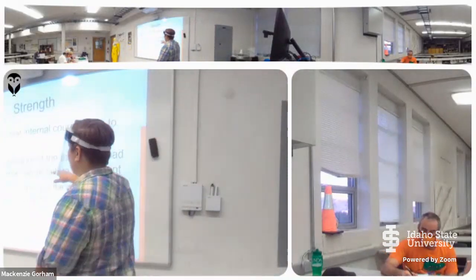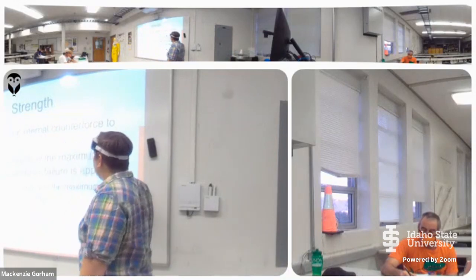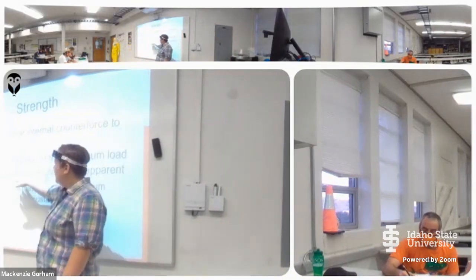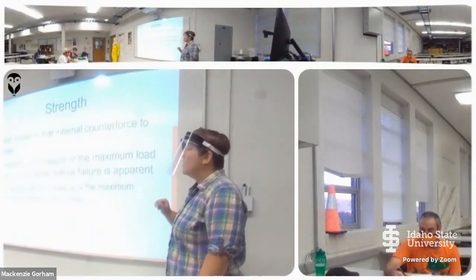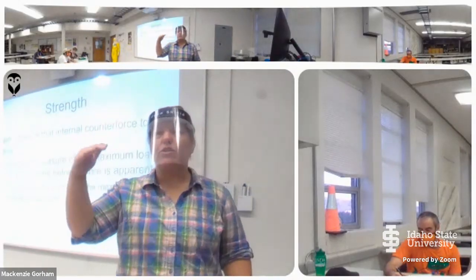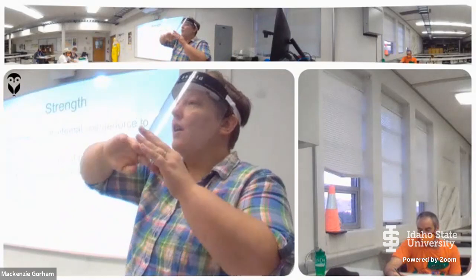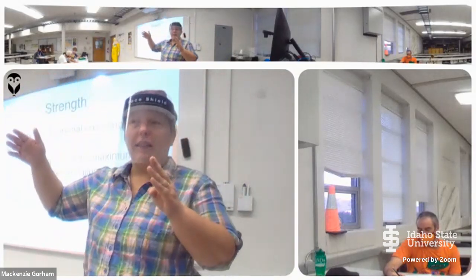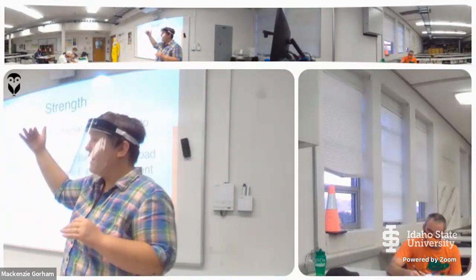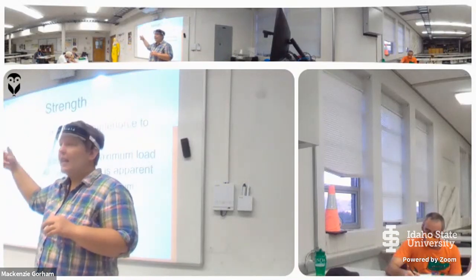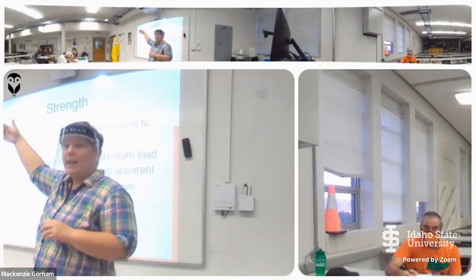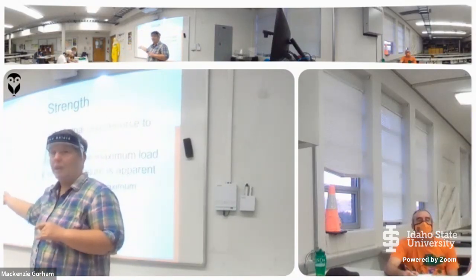Strength is a measure of the maximum load that can be borne before failure is apparent. So essentially, when we're talking about stress, we have a spectrum where we can experience elastic deformation, and then plastic deformation, and then our yield point, and then our maximum tensile strength, and then finally fracture, right?